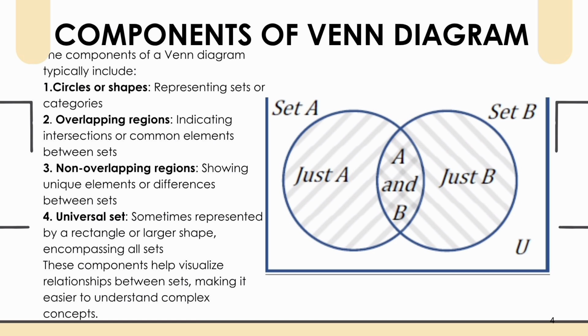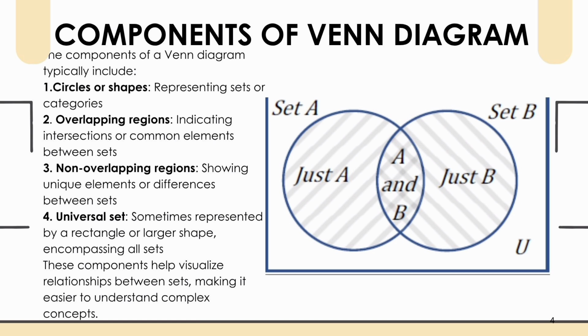Non-overlapping region shows the unique elements in each set. And a large rectangular shape represents the universal set. These components help visualize relationship between sets, making it easier to understand complex concepts.